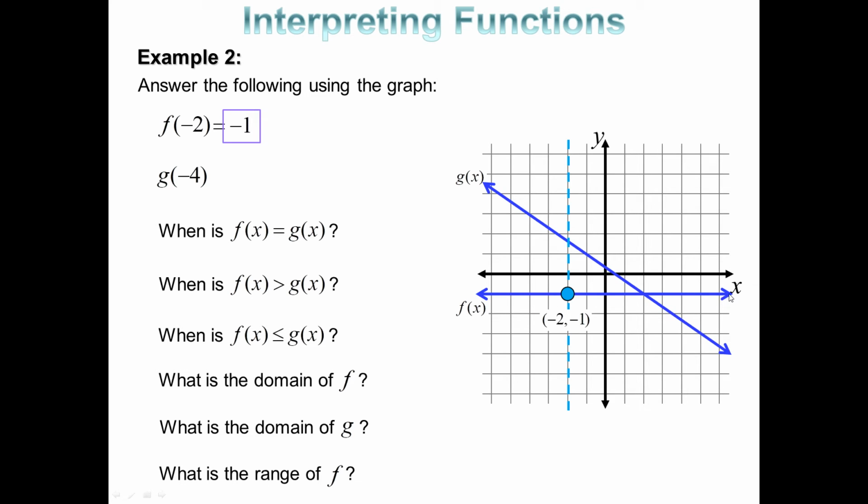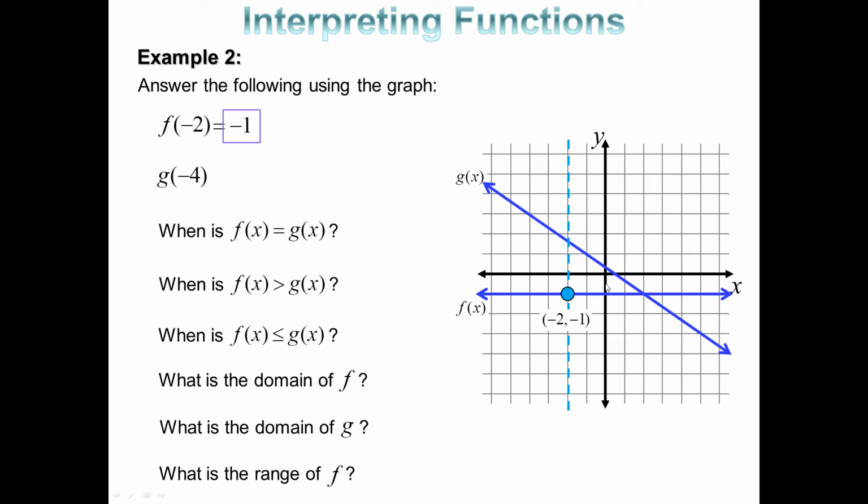That's a characteristic of a constant function. The output is always the same. So that means it's going to have a weird range, because the output does not change. The range of f is not going to be negative infinity to infinity. It's just going to be -1, because that's all it's ever going to be.